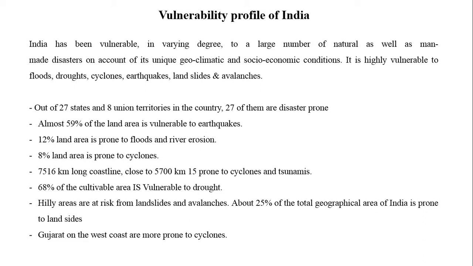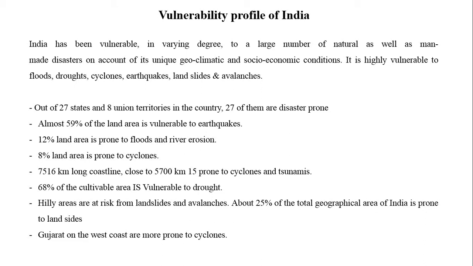Our Gujarat is also near the sea. 68% of the cultivable area is vulnerable to drought. Hilly areas are at risk from landslides and avalanches.